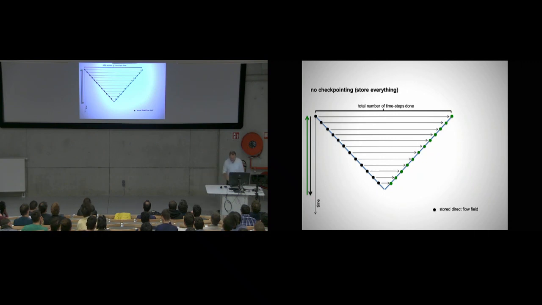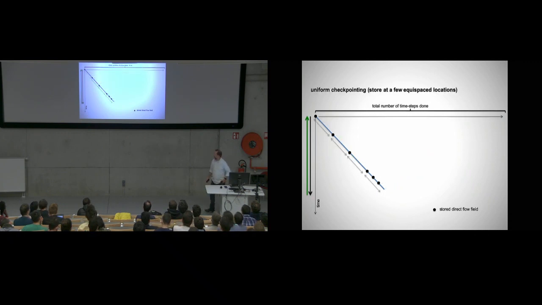But usually that only works for small problems. For large problems, we cannot. So let's do a second one where we actually store only a few of those. Here's the way we do that. Let's say we only have memory to store 6 flow fields.